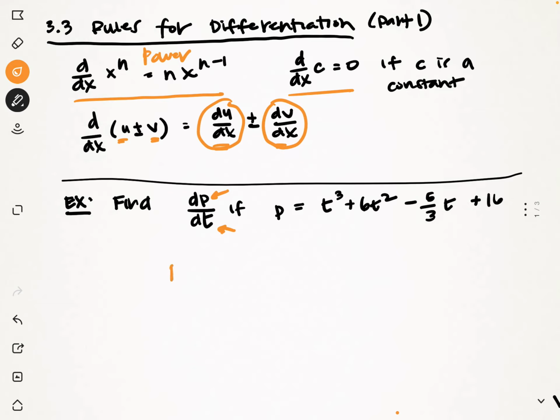So let's say p prime is equal to, and let's do the first part first, because the third rule says that we can take this in parts. So we're going to apply the power rule to t cubed. We drop our 3 in front, our t, and then we take 1 from the 3, so that's squared. Okay, second part.